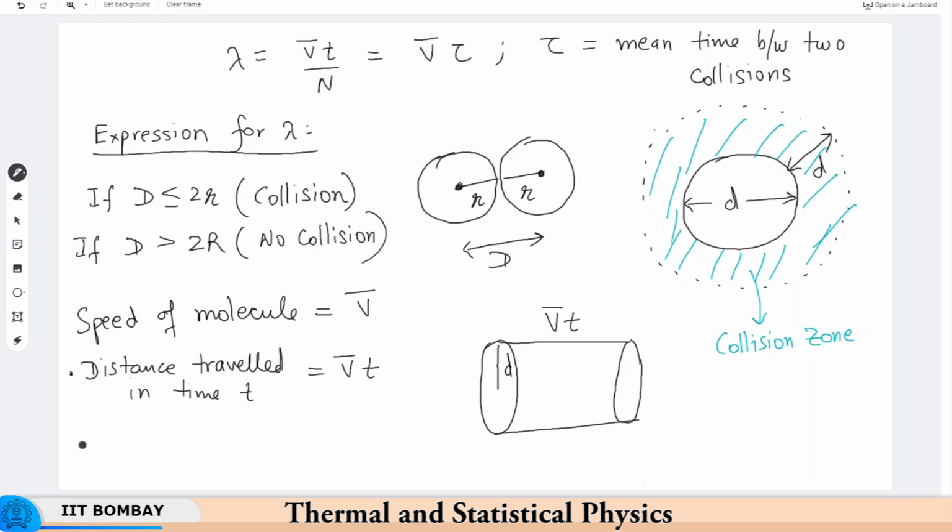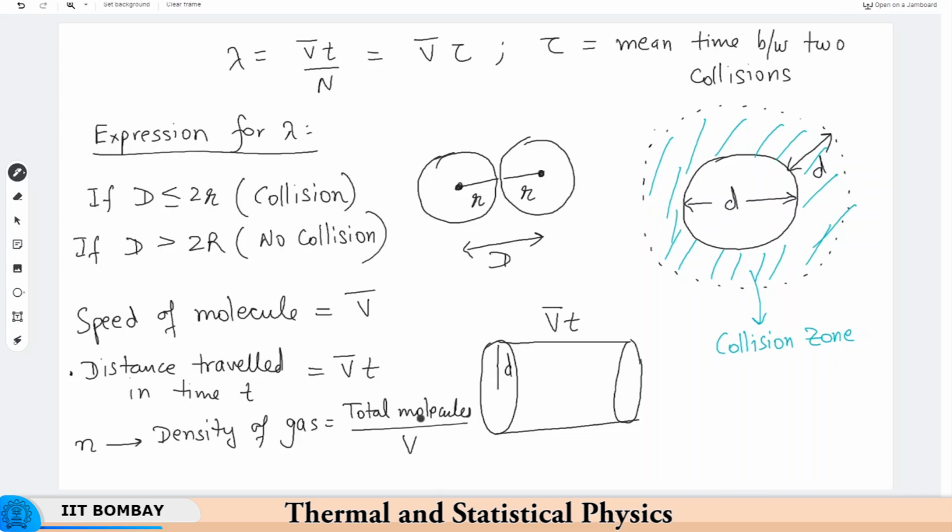Now, let us say that small n is the density of gas, which is basically total molecules divided by total volume, right.